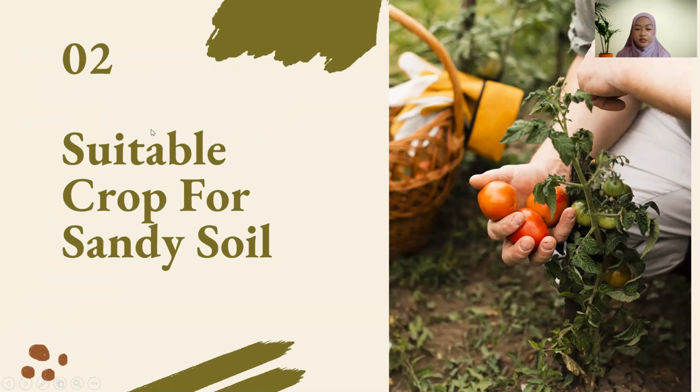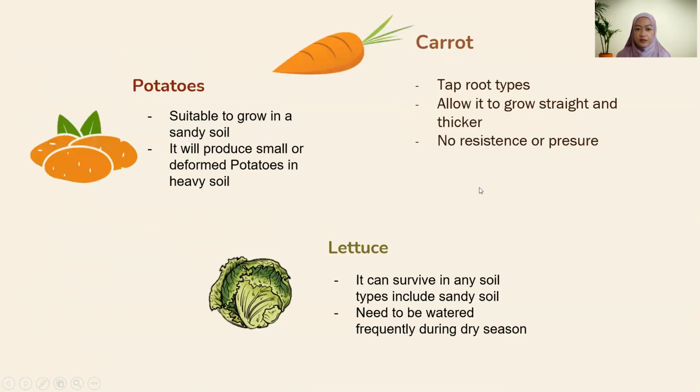The next topic I'm going to discuss is the suitable crops for sandy soil. Firstly, carrot, secondly, potatoes, and lastly, lettuce. Not every type of crop is suitable to plant in sandy soil because each plant has different characteristics.